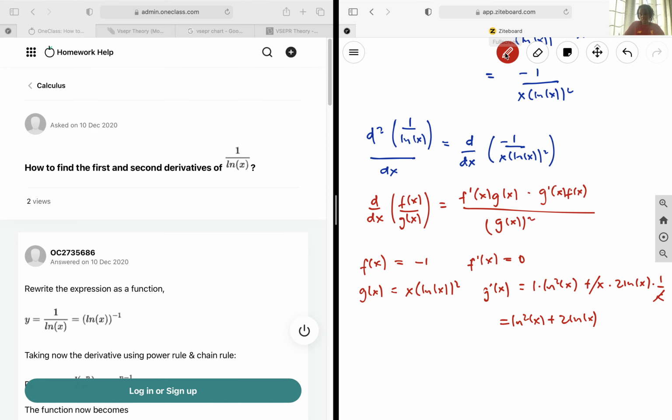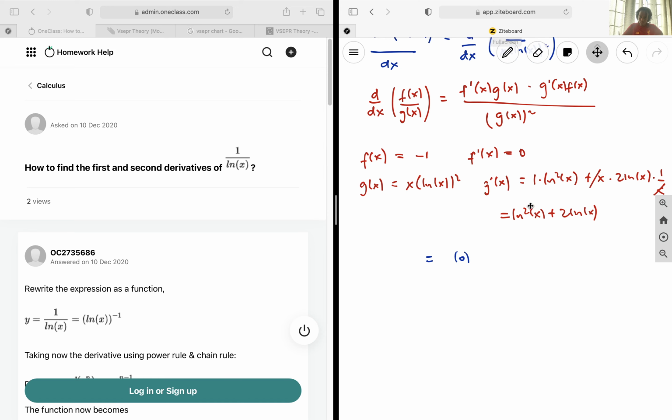We're going to put that all back into the quotient rule, and we will get 0 multiplied by g of x, so x ln squared x, minus ln squared x plus 2 ln x, multiplied by f of x itself, so minus 1.